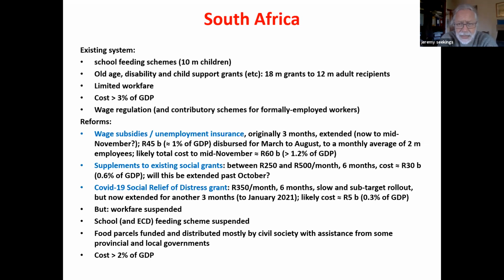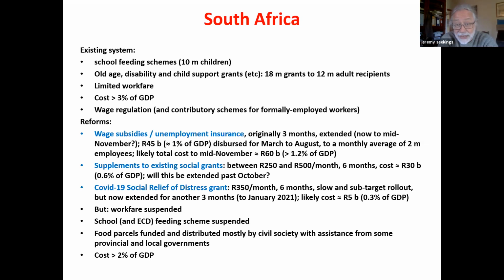Secondly, the government supplemented existing social grants, and it's very unclear whether that will be extended beyond the end of October now. It was initially for 6 months, and that's also quite a considerable cost, 0.6% of GDP. Right? And as Lena mentioned, they introduced the emergency grant, the so-called COVID-19 Social Relief of Distress grant, which is relatively modest, 350 Rand a month.